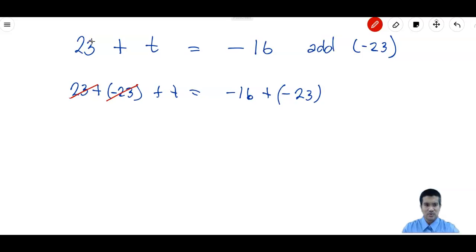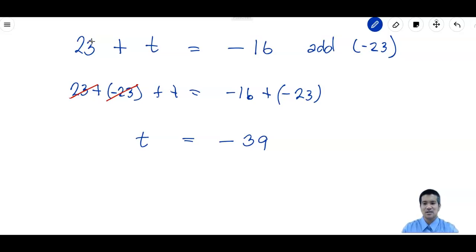And then what will happen next? The remaining value over here is t equals -16 plus -23, which is equal to -39.